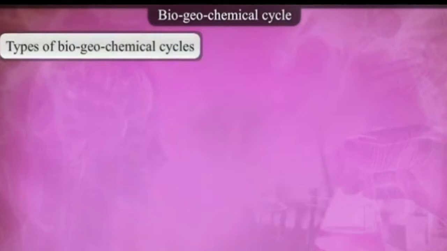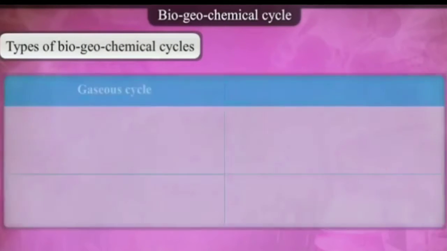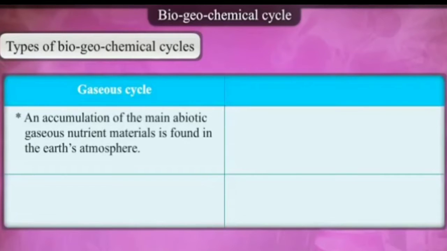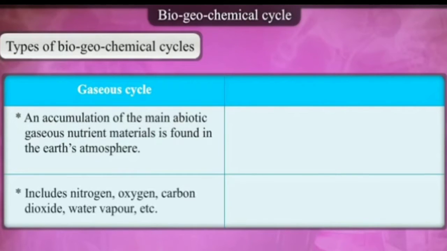What are the types of biogeochemical cycle? Let's see. Gaseous cycle. An accumulation of the main abiotic gaseous nutrient material is found in Earth's atmosphere. It includes nitrogen, oxygen, carbon dioxide, water vapor, etc. So this is gaseous cycle.